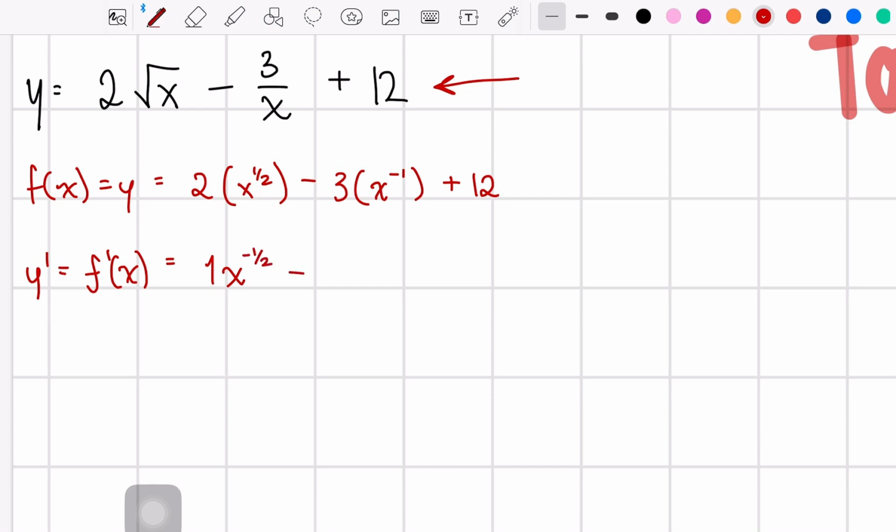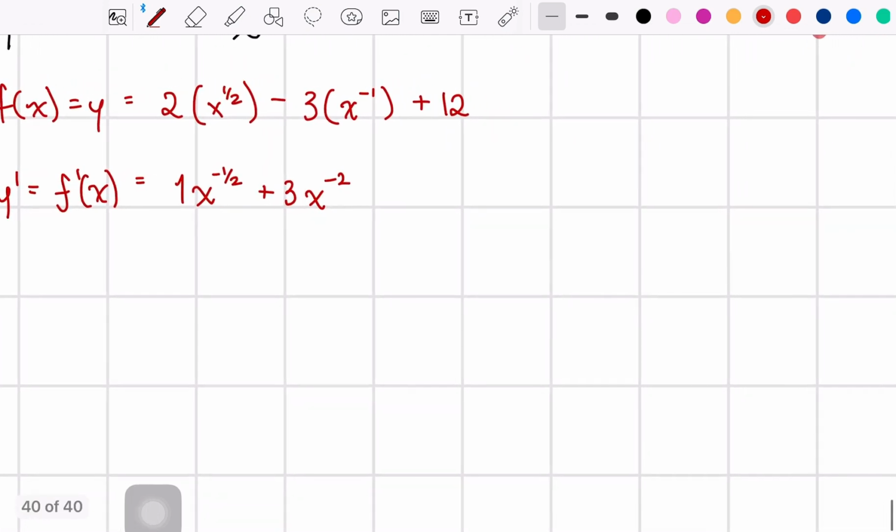Minus, what is minus 1 times minus 3? Positive 3. x, and minus 1 minus 1 is minus 2. And 12 has x to the power of 0, and 0 times 12 is 0, so the constant is going to disappear.